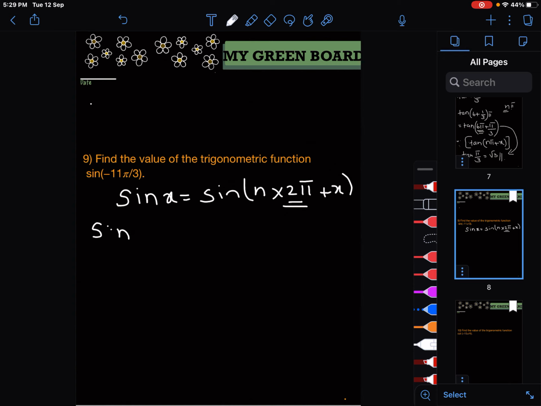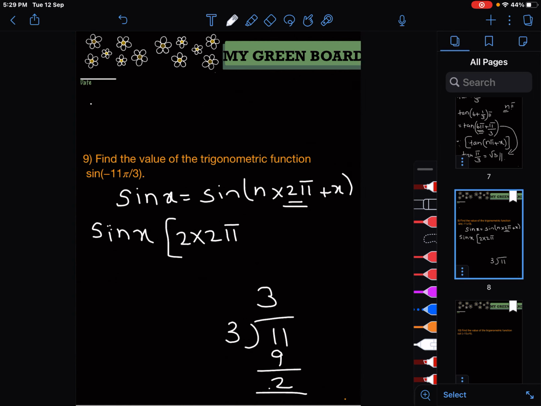So sine x, I am writing in a whole bracket, like 2 into 2 pi, because it's given, I am dividing it. See, 3 3s are 9, we will get the remainder as 2.